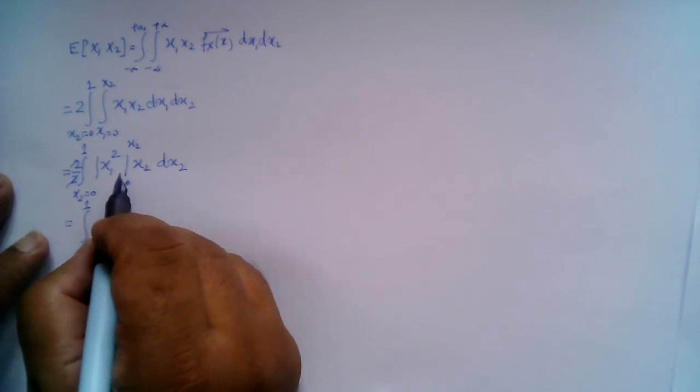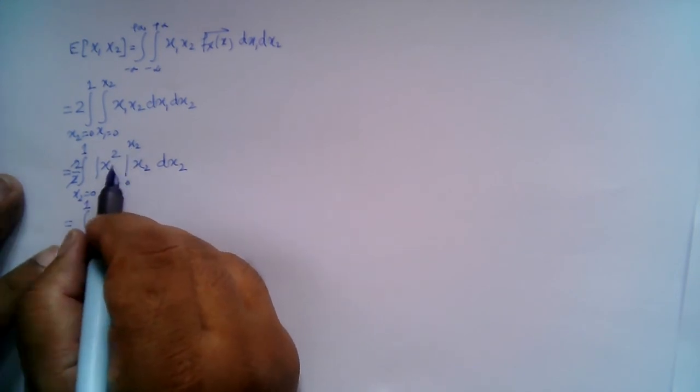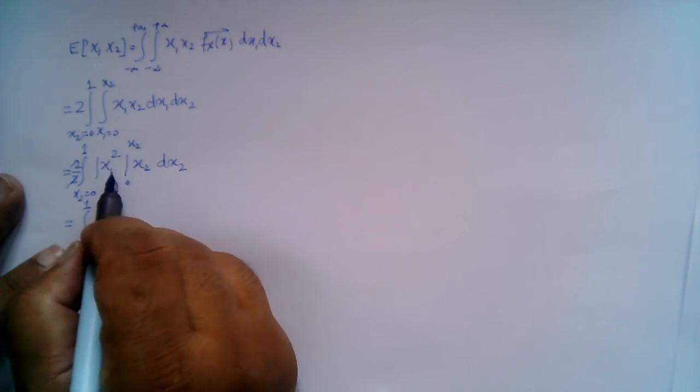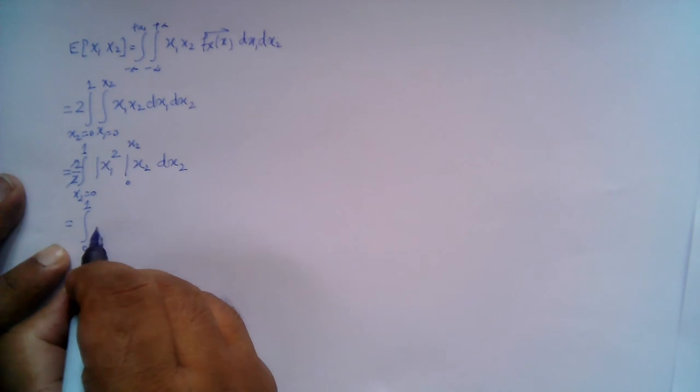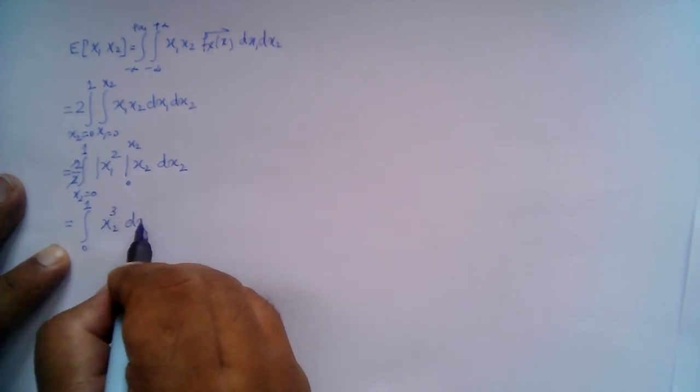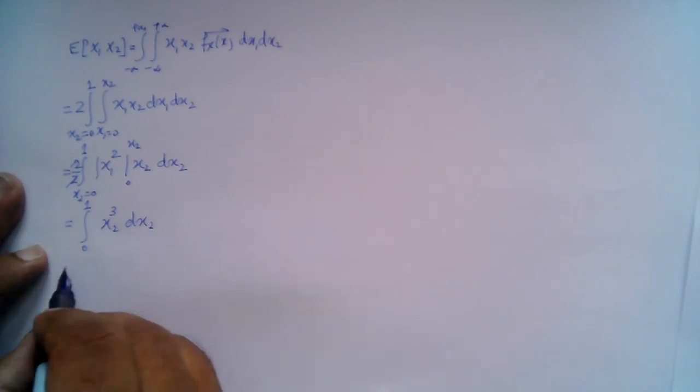So x1 square will come out to be x2 square multiplied by x2, that will be x2 cube, and dx2.